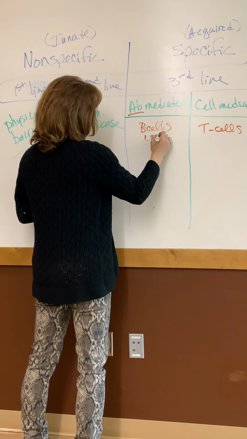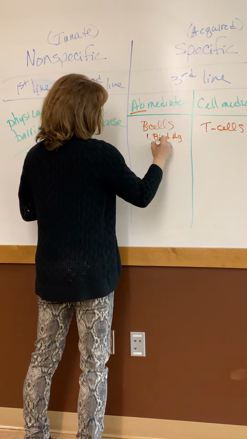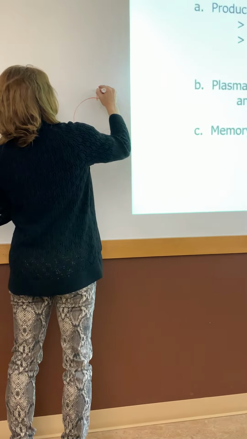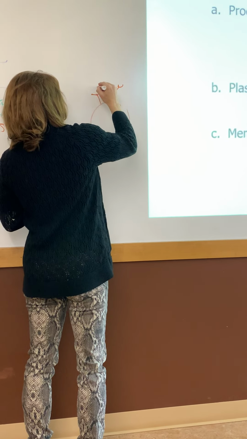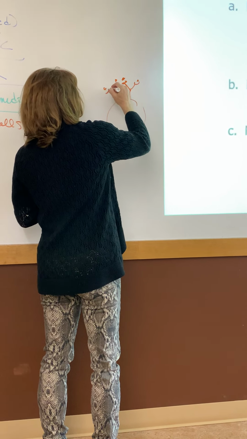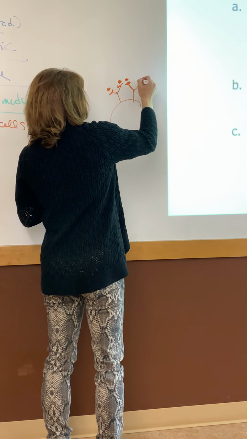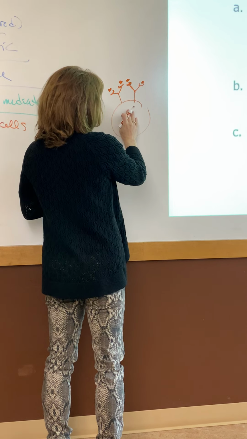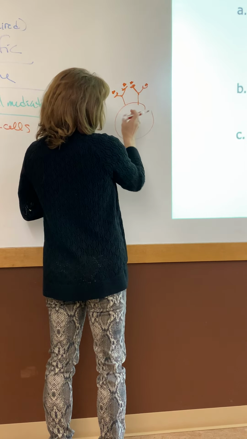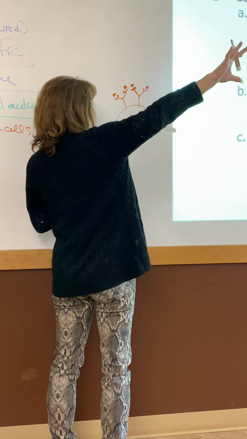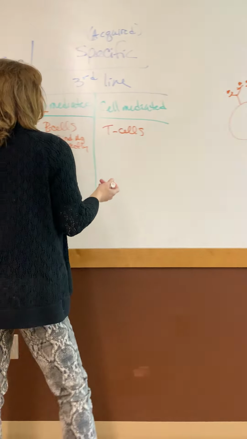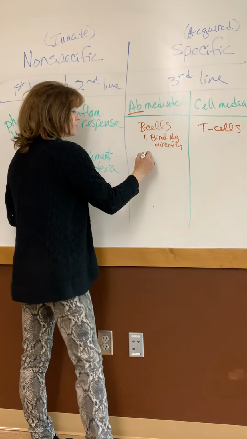One, they can bind the antigen directly, meaning the B cell has IgD type antibodies standing on the surface, and they can bind the antigen directly and recognize it. Then the B cell says, there's the antigen, I need to make a whole bunch of these antibodies so that they can fly around the bloodstream looking for these antigens and target them for destruction. So they can bind directly.